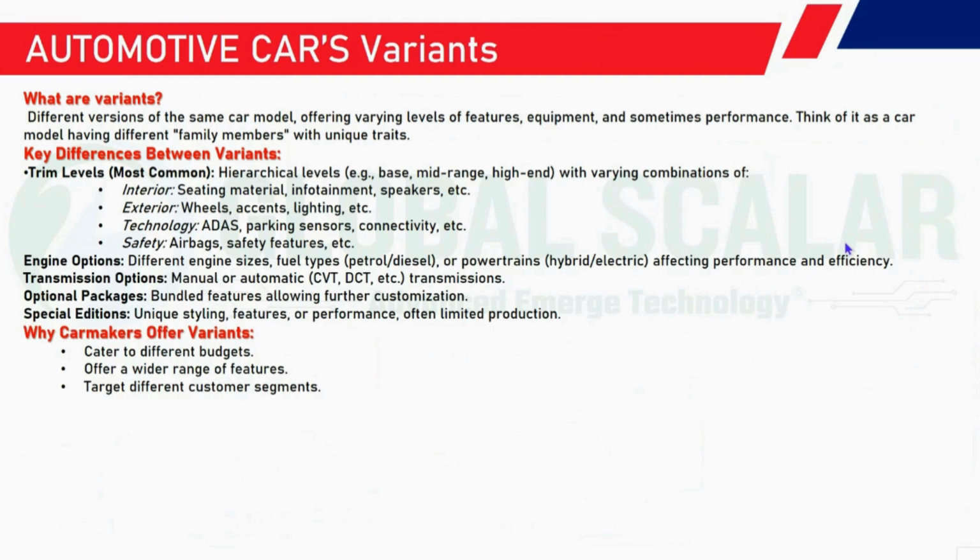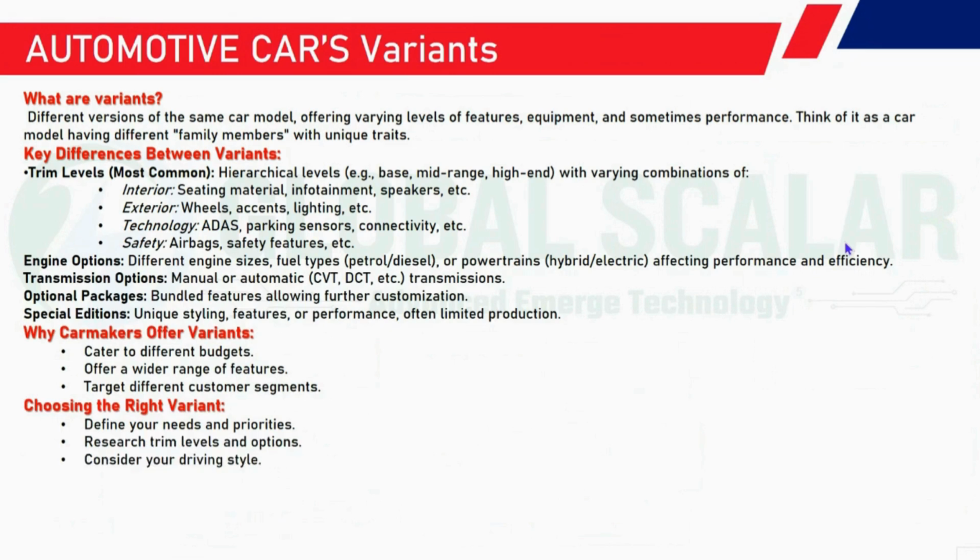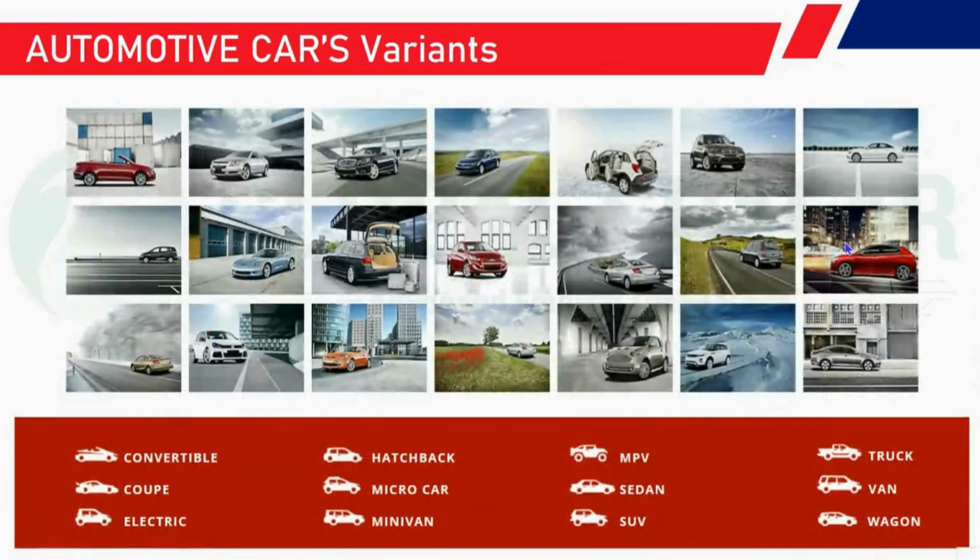So there are different options to choose which variant we need. You need to decide what the priority is, what the need is, whether you need a manual or an automatic transmission. Based upon that, you decide which variant you should go for.